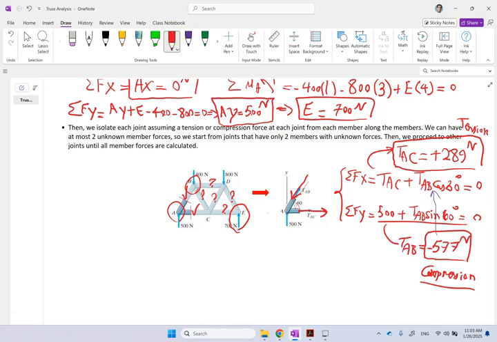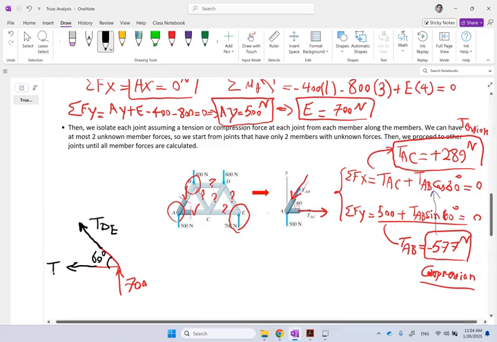So the next joint I will go after is E. So this is E. There is a 700 here, and I assume two unknowns, and I assume both of them are under tension again. So this one is T of DE. This angle should also be 60 degrees.